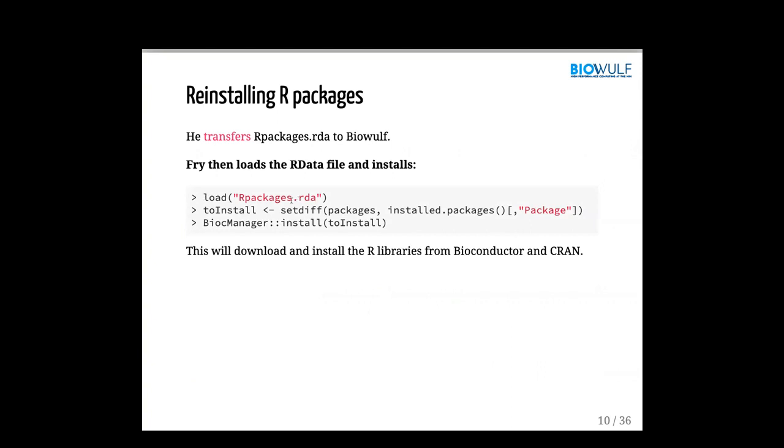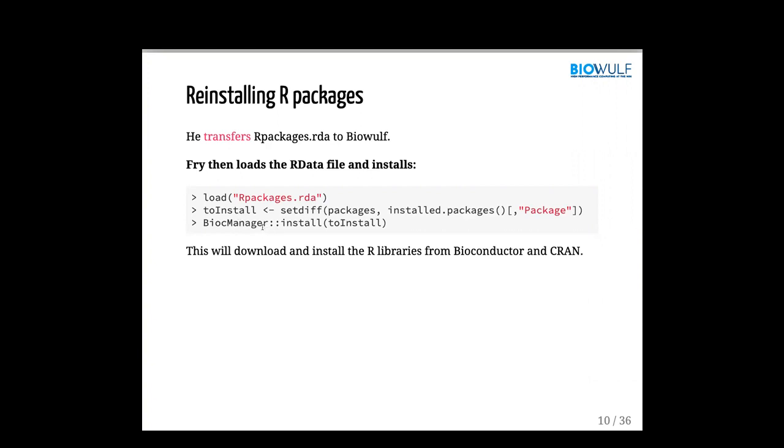Next, Fry will load the file and use setdiff to find the packages that are not installed in the cluster. So the packages are loaded from Fry's laptop, and the second function will check all the available packages installed both in Fry's home and the data directory.